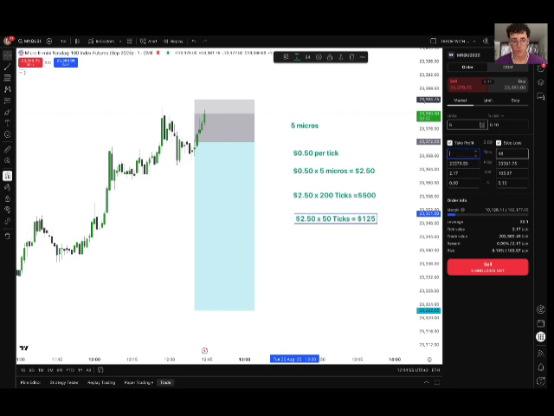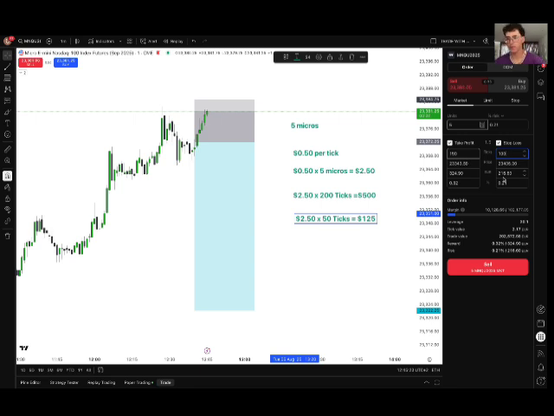Take profit and stop loss. Let's say we are going to put a take profit of 150 ticks. You can see that we're going to be making 224 with 5 micros, and if we put 100 ticks of stop loss, we are going to be risking 216.